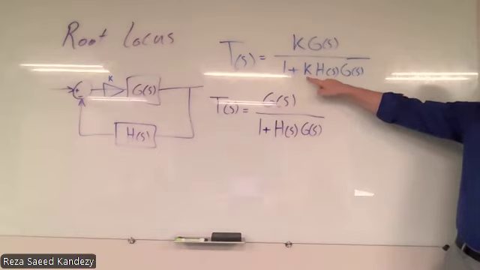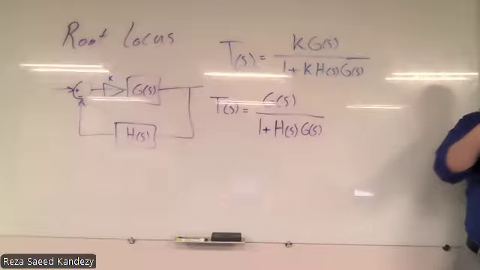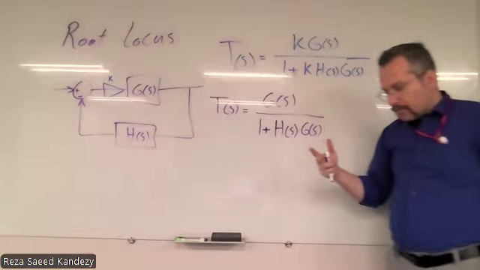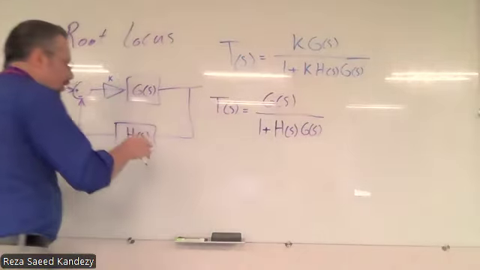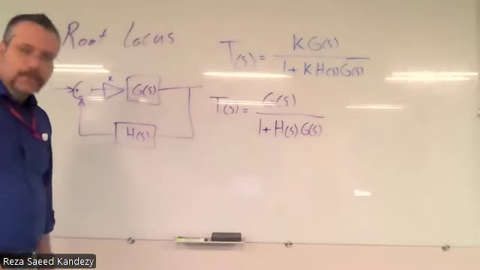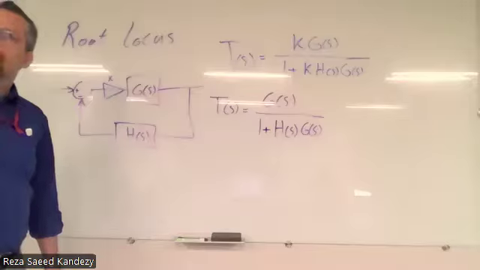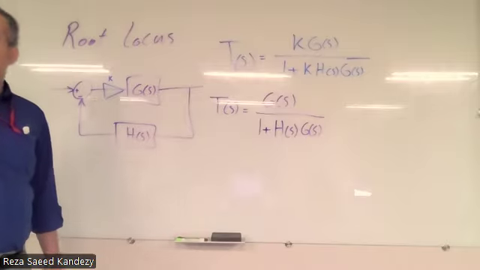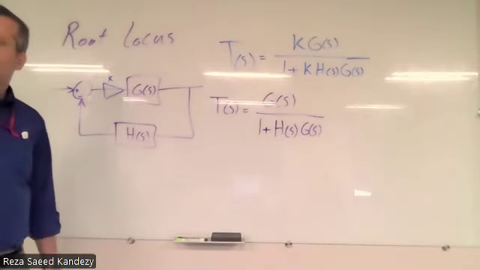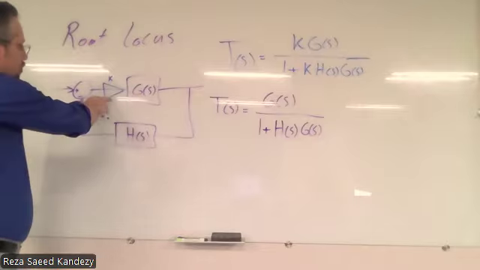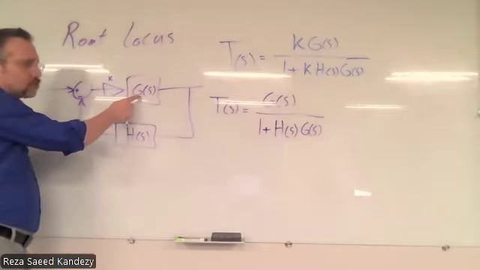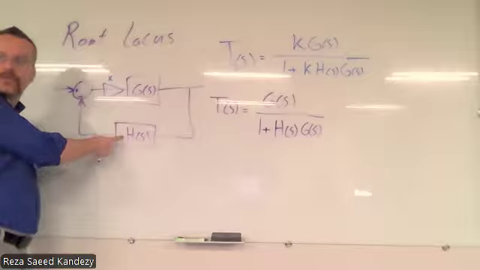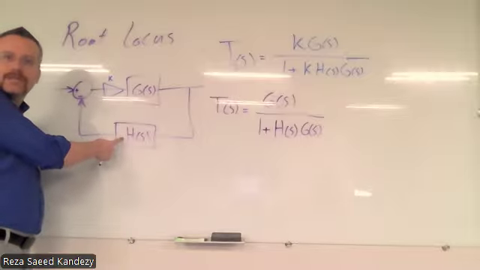So by changing K, the place of our poles is also changing. Are we good? So this is basically a very simple description of what the root locus technique tries to do for analyzing the stability of a dynamic system and seeing what happens by the change of, for example, a variable. It could be a K, which is a gain, or we could even have a K inside the G, inside the feed-forward transfer function or feedback transfer function. Okay, does that make sense?